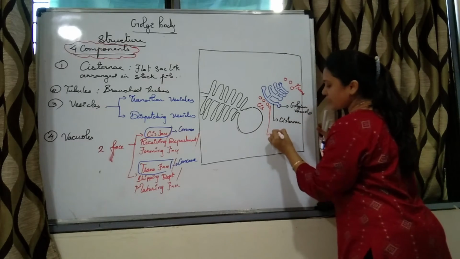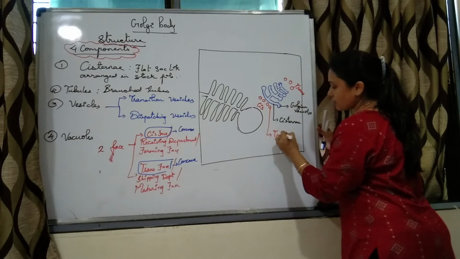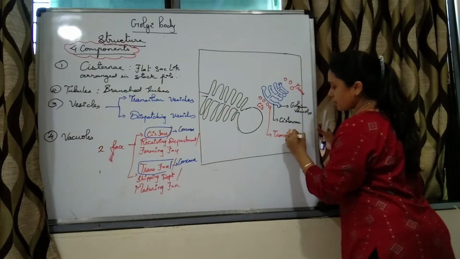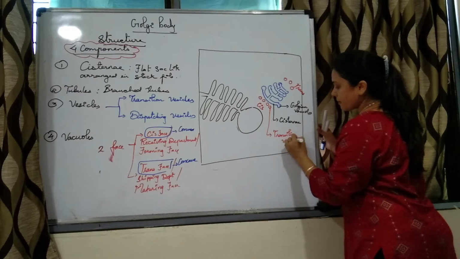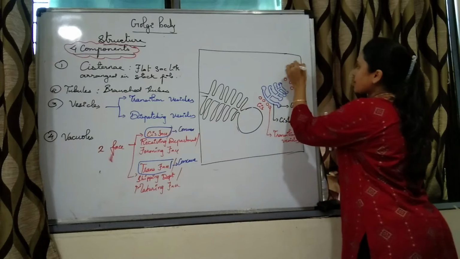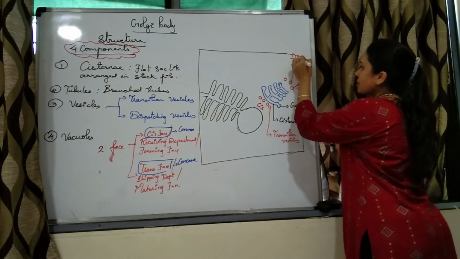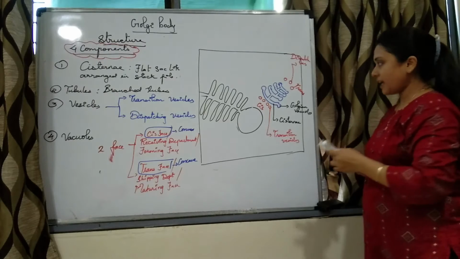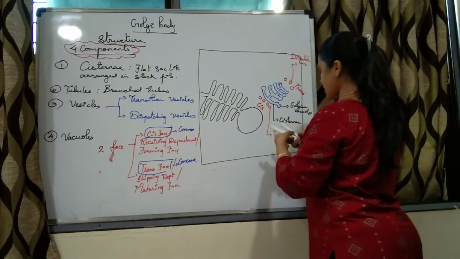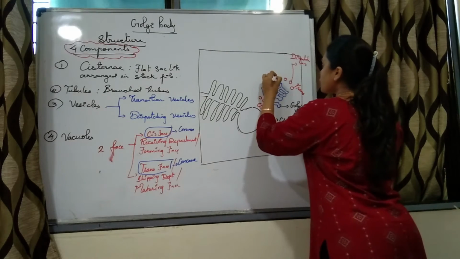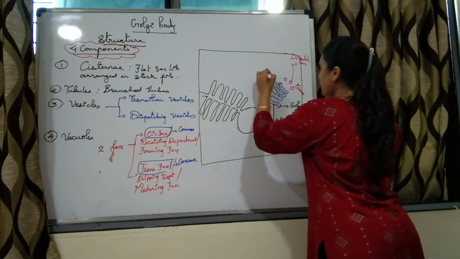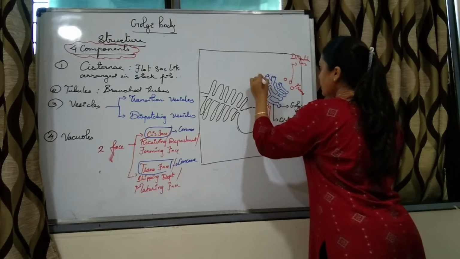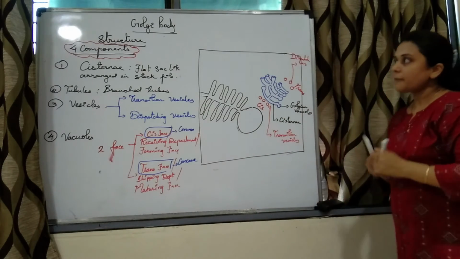So these vesicles are transition vesicles and these vesicles are dispatching vesicles, right? And apart from it, there will be also the tubules which are present, right? So there will be tubules also which are present.